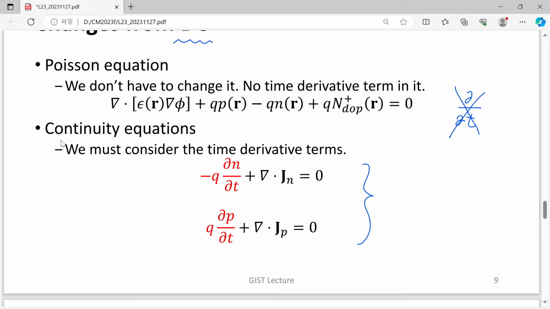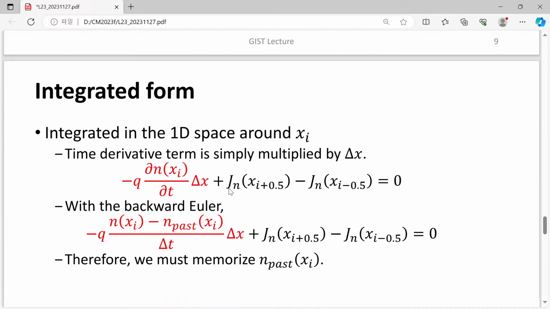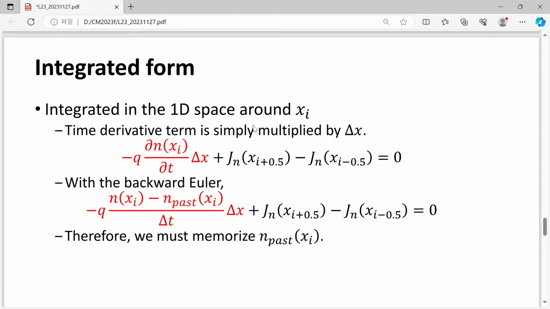But instead, the continuity equation has its own time derivative operator, so we must consider these two terms. Then how can we consider these two terms? Let's just consider 1D space, and for a certain central node x sub i, as usual we integrate the continuity equation.